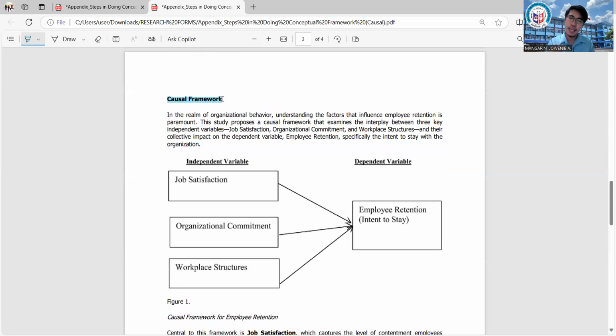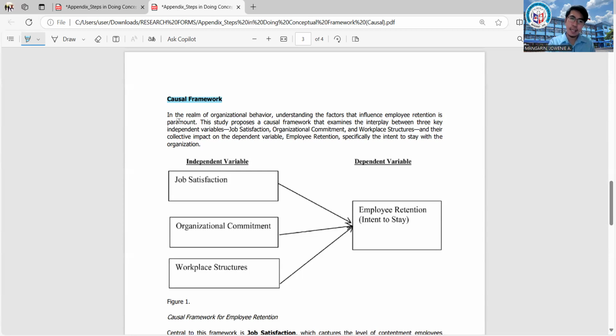Then, sa pinaka-itaas ng ating visual or graphical illustration, meron muna tayong brief introductory statement na kung saan mini-mention natin yung mga key variables na present doon sa ating diagram or doon sa ating figure. Ito yung figure natin. So ano ba yung mga variables na nakalagay dyan?